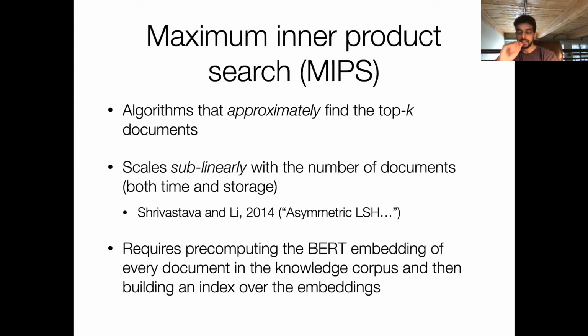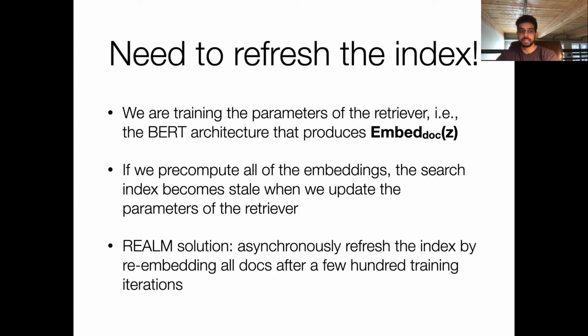But the important thing to know here is that because I have to pre-compute this index over embeddings, it's very expensive to build this index, and I don't want to be doing it for every single mask token or after every single gradient update. Remember that we're actually training the parameters of the retriever, and that includes the embedding function for each document, right?